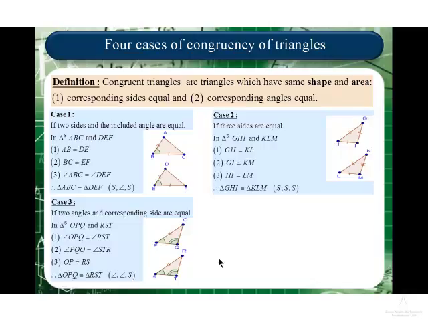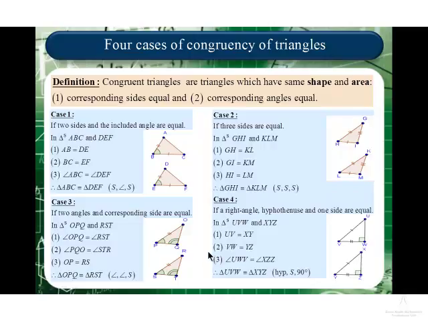The final case of congruency is when we have a right angle, the hypotenuse in such a case, and one other side that are correspondingly equal. So in such a case, we have the triangles UVW and XYZ as indicated, which demonstrates this type of congruency.